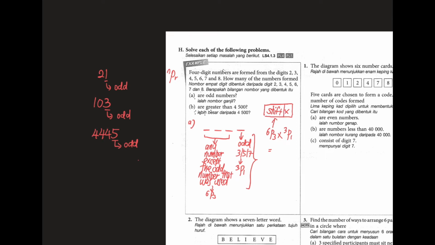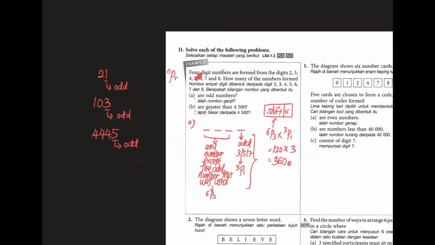The calculator screen will show 6P3, then you press equal, you get 120. Similarly, 3P1, you press in the similar way, you will get 3, and then you get the final answer 360 ways. So 360 ways to arrange 4-digit odd numbers.